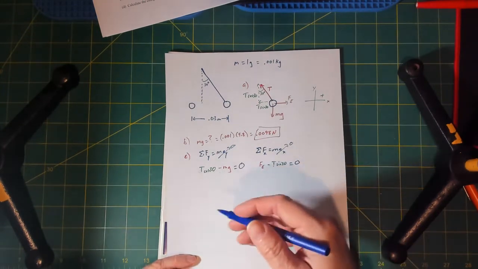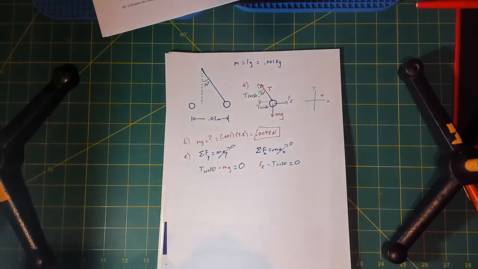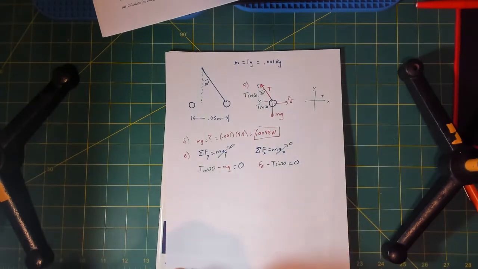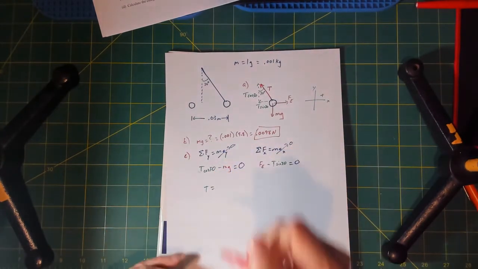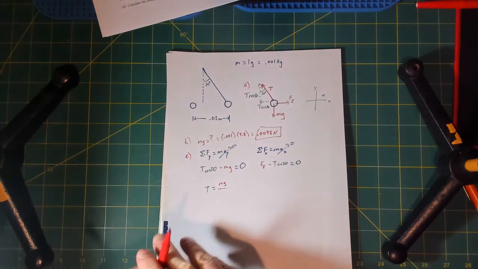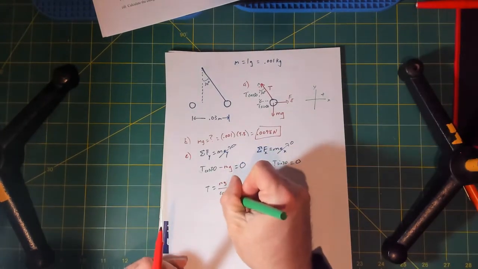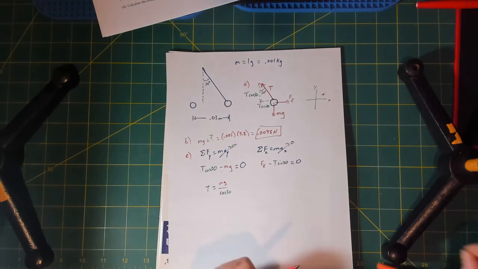Or we could go ahead and do all the substitutions right now and just sub in our numbers once in the calculator. I'm going to do it that way. So I would rearrange this equation, and I would get that T is equal to mg divided by cosine 30. And we could substitute that in where we see T. That would make sense.